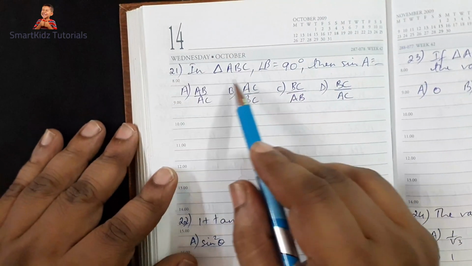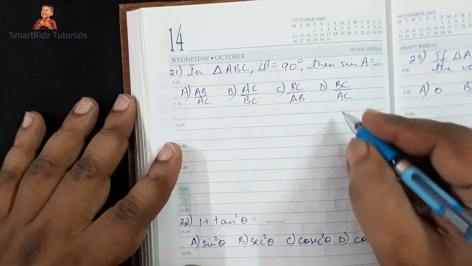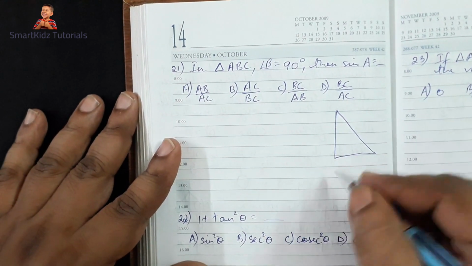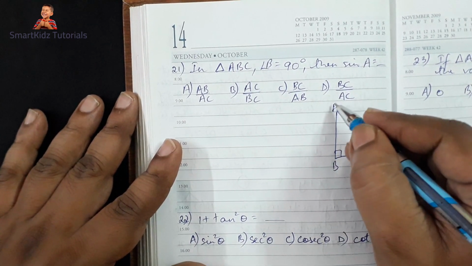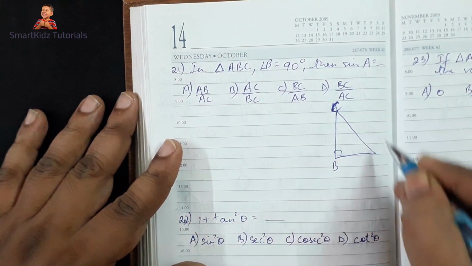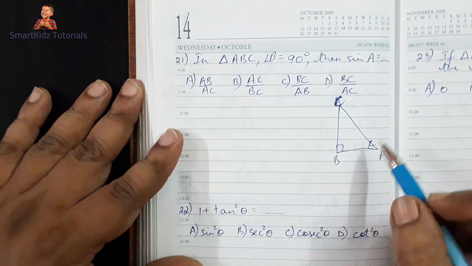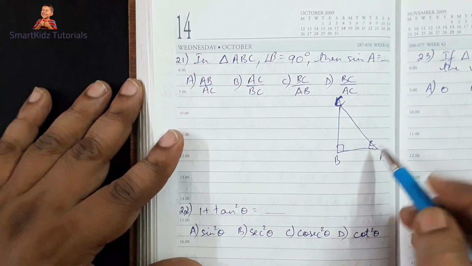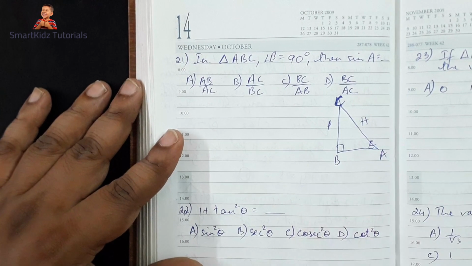Next question, in triangle ABC, angle B equal to 90 degrees, then sine A is dash. We draw a triangle over here like this. B is 90 degrees, it says, and I'll put C over here, and I'll put A over here. It becomes easier for us to find the angle. Now, sine of A will be perpendicular upon hypotenuse, right?